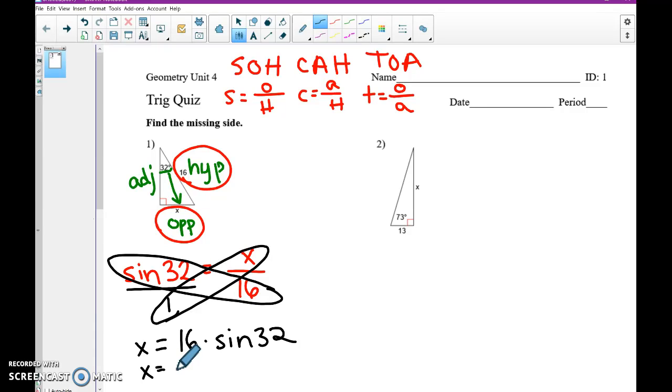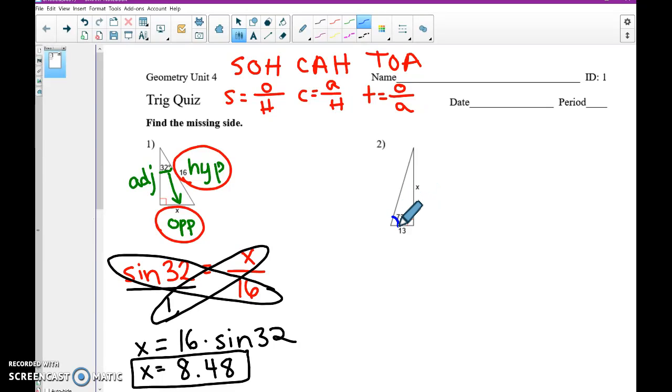You don't want that. If you do it correctly, you should get 8.48. I'm rounding it to 2 decimal places. It's 8.478, which means it rounds up this last number. So x is equal to that if you do it correctly. Feel free to pause and rewind and look at that one again. I'm going to move on to the next one.